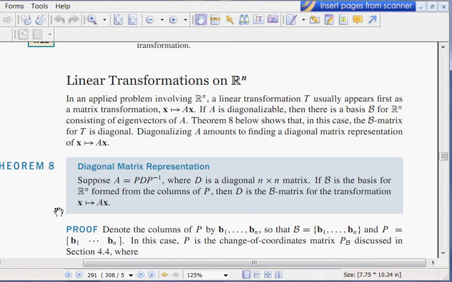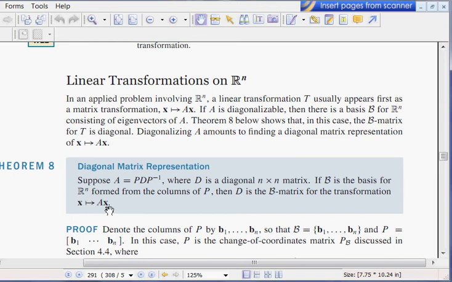What this is saying is, if you have A and you can diagonalize it, and you think of the columns of P as a basis for Rn, then D is a matrix that will define this transformation right here.